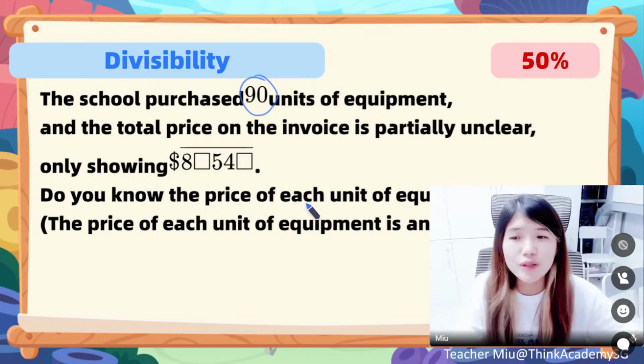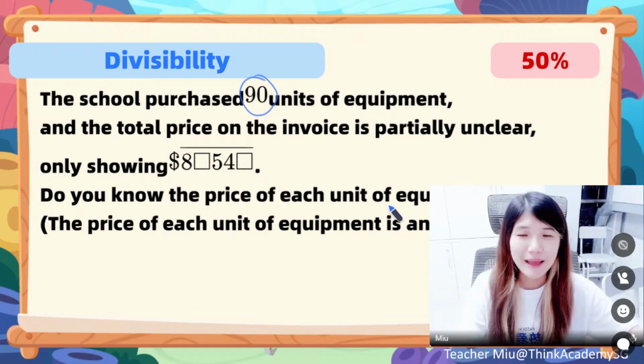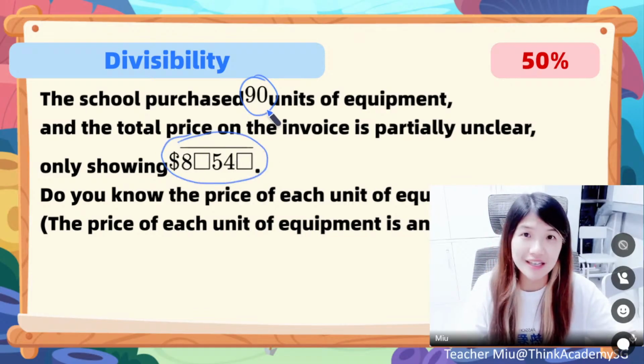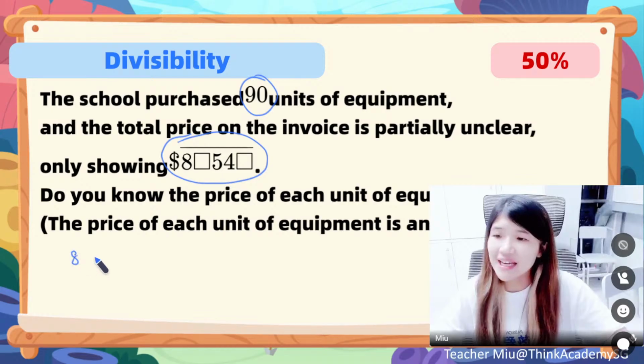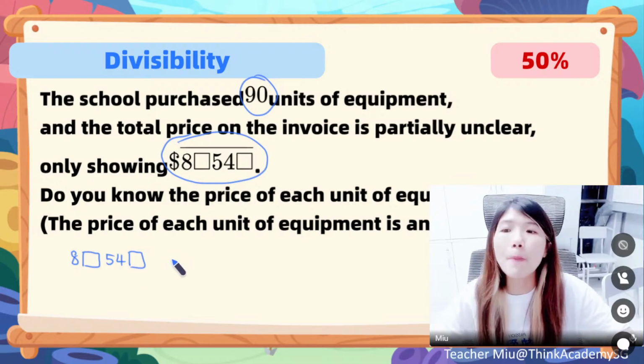Do you know the price of each unit of the equipment? That means first you need to find the total and divide it by 90 to find each piece of equipment. So this 80,000 something, 540 something is divisible by 90.